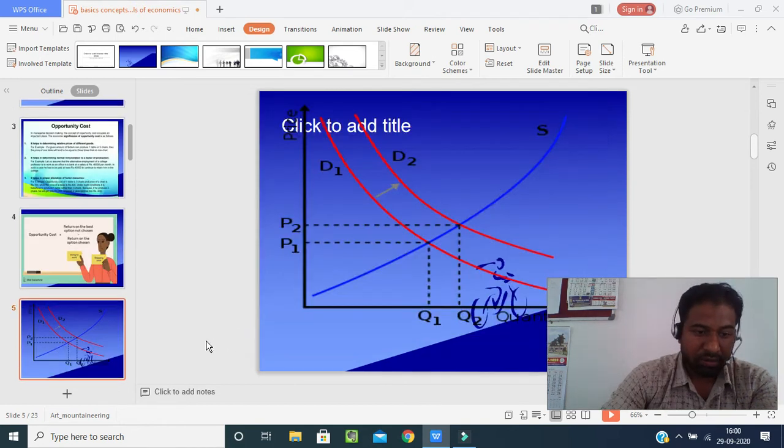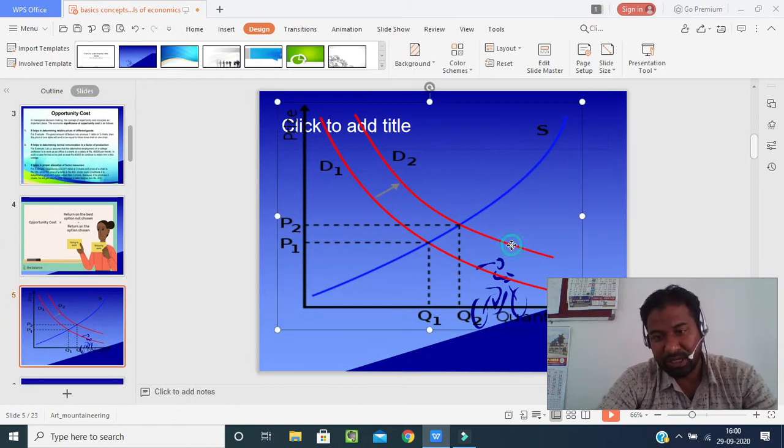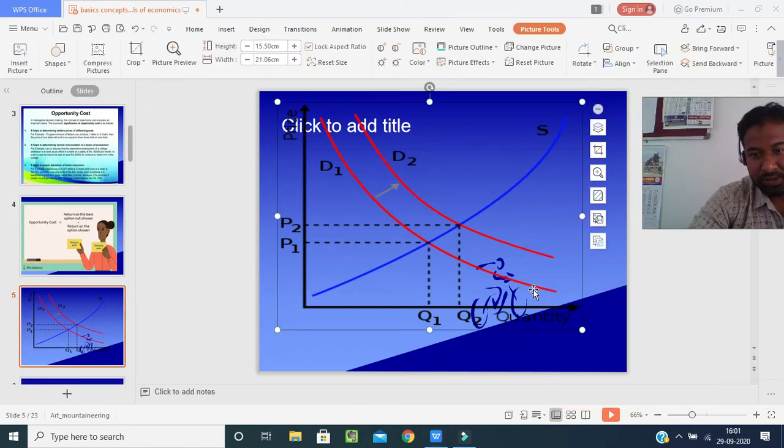These are both the options the manager should consider and work on. Now if you see this diagram, it is mentioned clearly that P1 and P2 are there. P1 is price 1 and P2 is price 2, and Q1 is quantity 1 and Q2 is quantity 2. If we are increasing the price, then the quantity will increase, and the demand is going to increase.